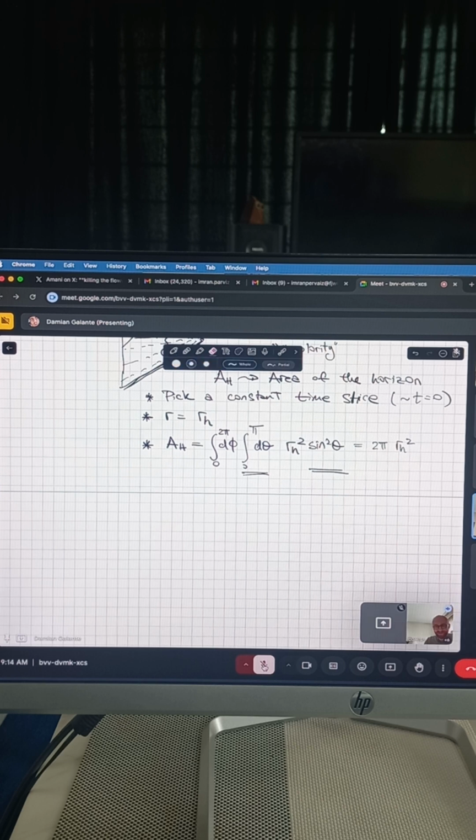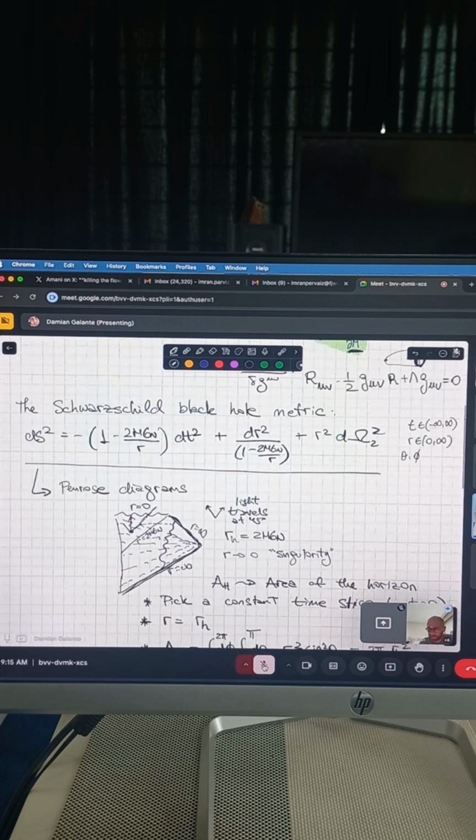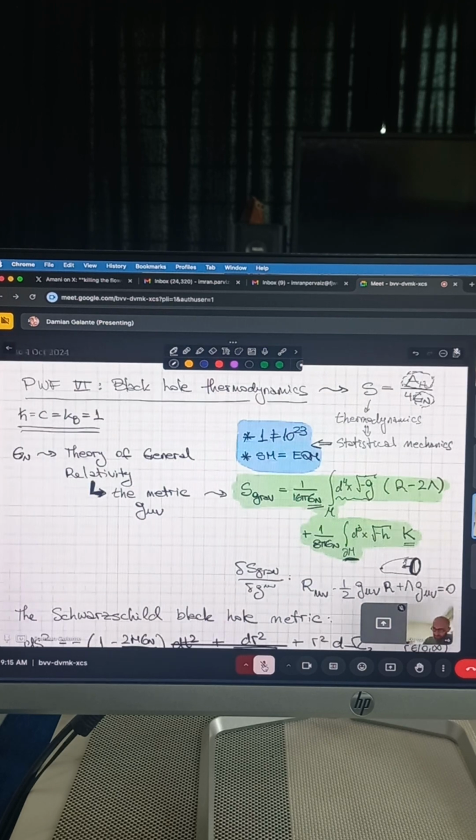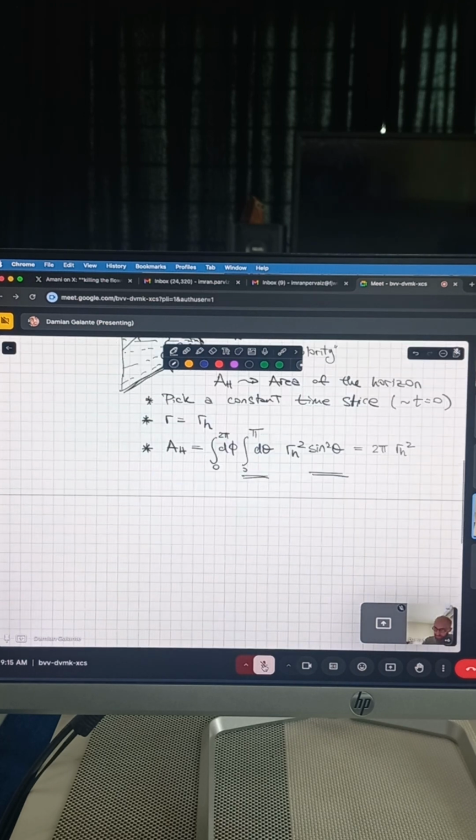Well, up to pi's. I think I wanted to get 4 pi squared. No, because the other comes from, let's see. Yeah, so then I have 2 pi times pi over 2 times 2mg squared.